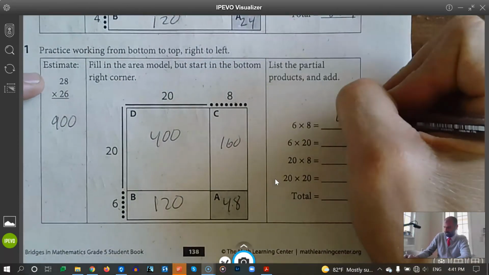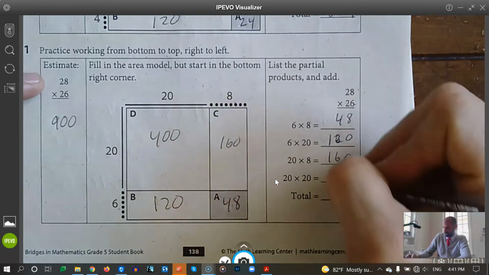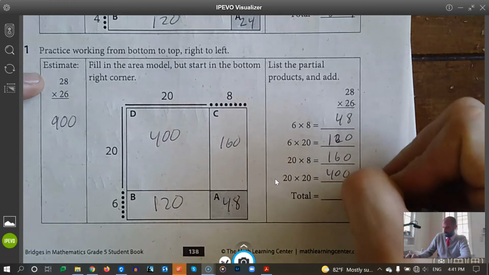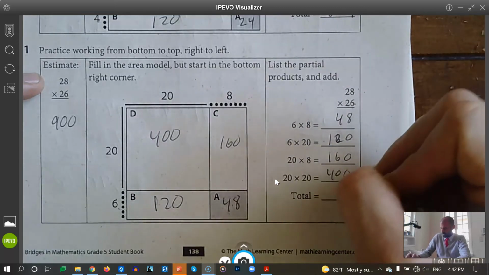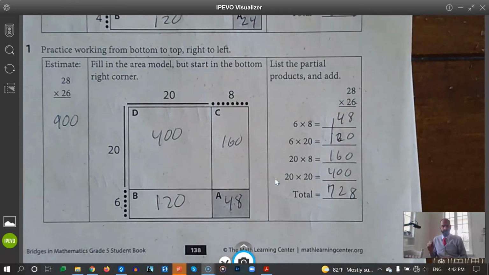We fill that in here. 120, 160, 400, 8. 4 plus 2 is 6, plus 6 is 12. 1, 2, 3, 7. 728, pretty close to 900.